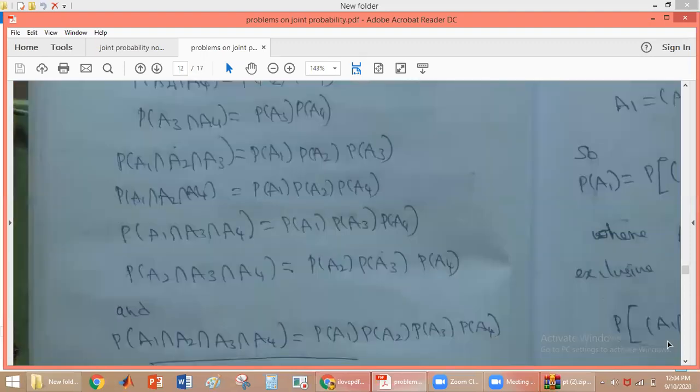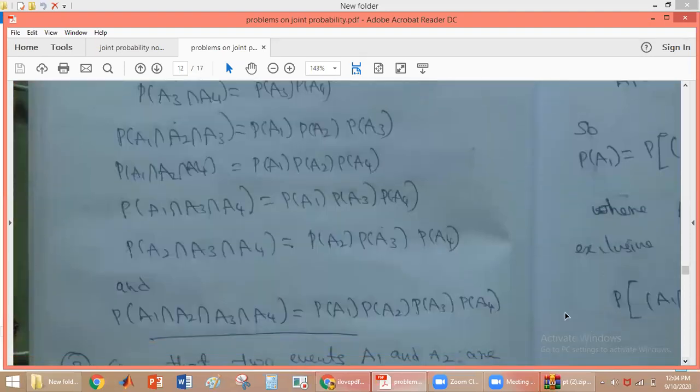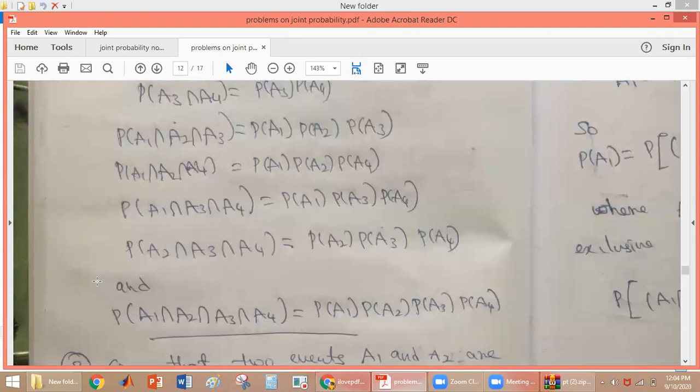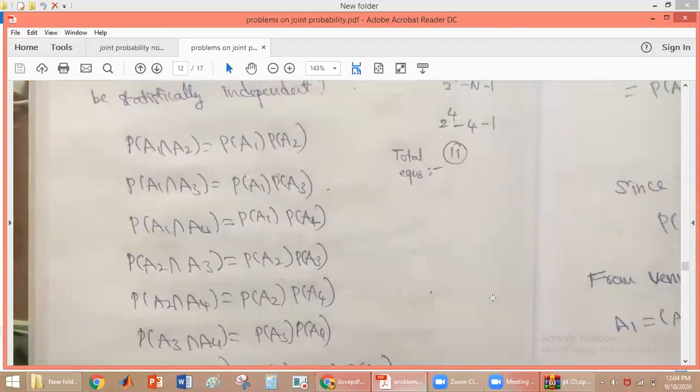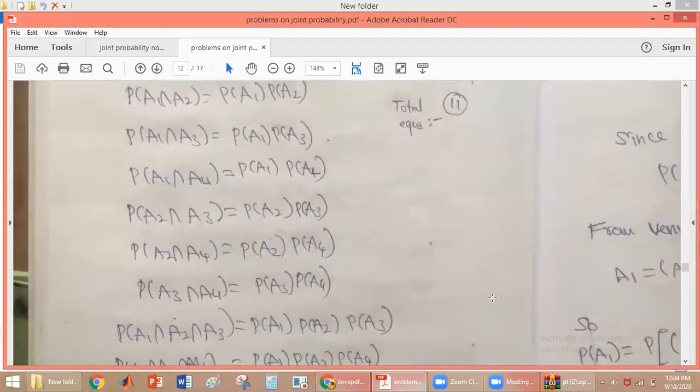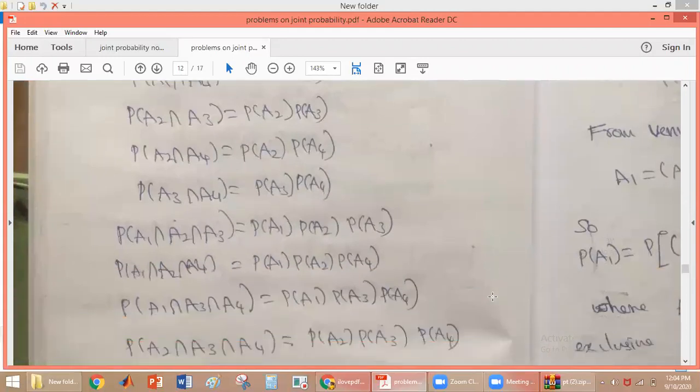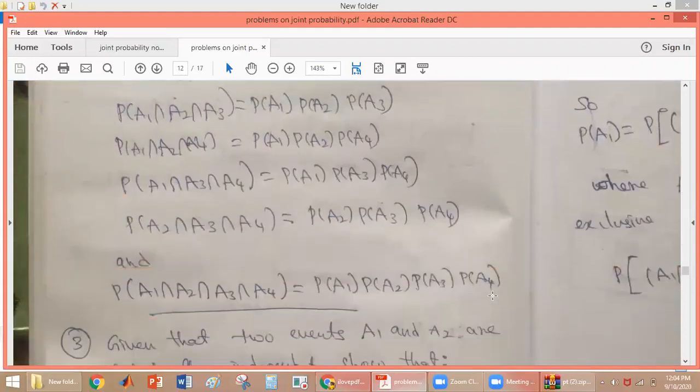And finally, the events should be statistically independent considering all four events. That is, probability of A1 intersection A2 intersection A3 intersection A4 should be equal to probability of A1 into probability of A2 into probability of A3 into probability of A4. Like this, we have 11 equations in total. If these 11 conditions are satisfied, then all four events are statistically independent.